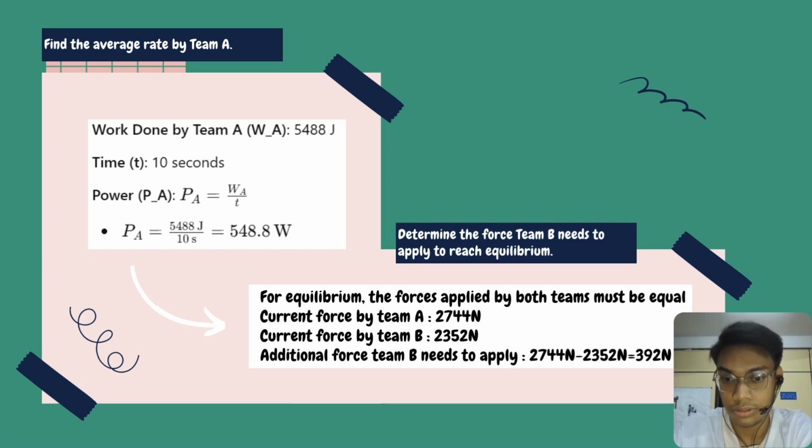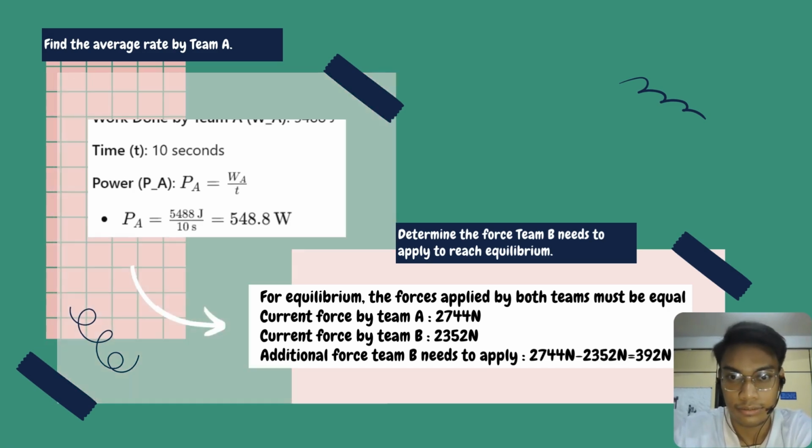This value means this is the extra force team B needs to apply to match the force of team A, so the rope will not move toward team A or team B.